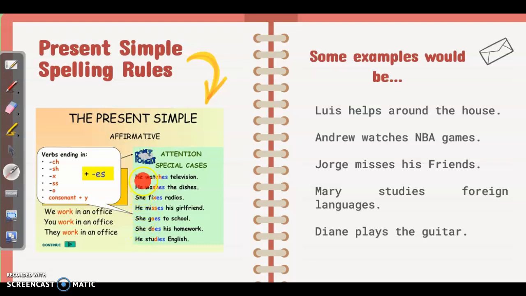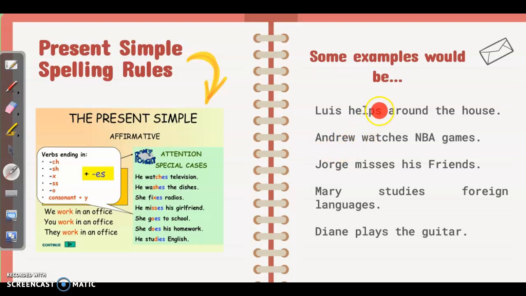Okay, so some examples of this would be Louis helps around the house, Andrew watches NBA games, Jorge misses his friends, Mary studies foreign languages, and Diane plays the guitar. Okay. Condición entonces, Spanish paréntesis, es que el sujeto sea tercera persona. Recuerden ustedes que puede ser el nombre propio o el pronombre, right? Puede ser he or she.